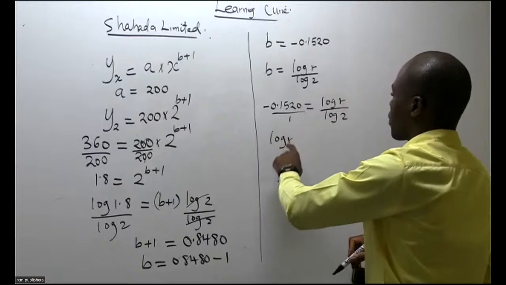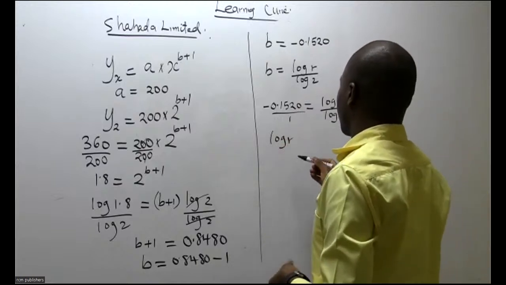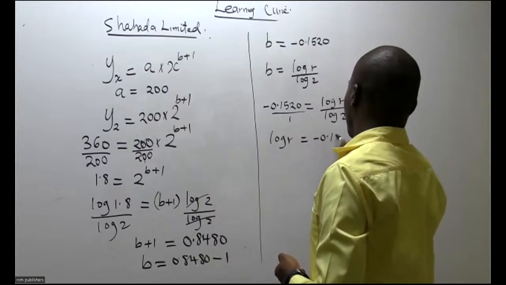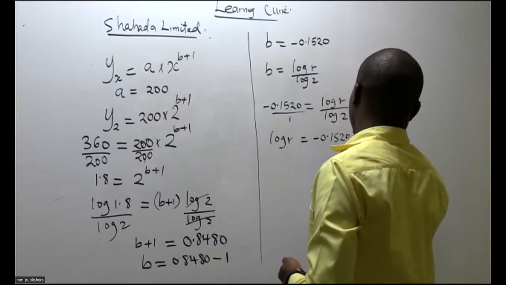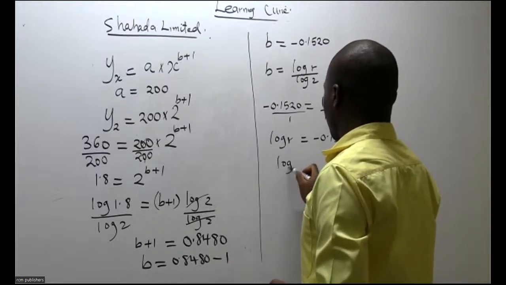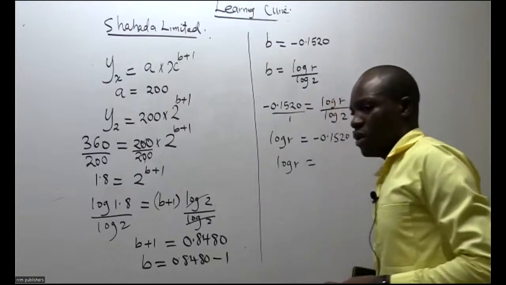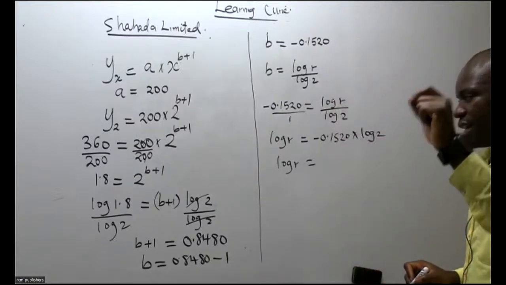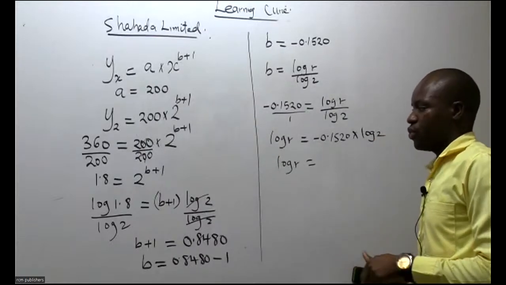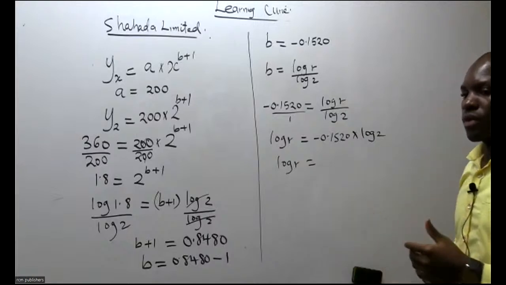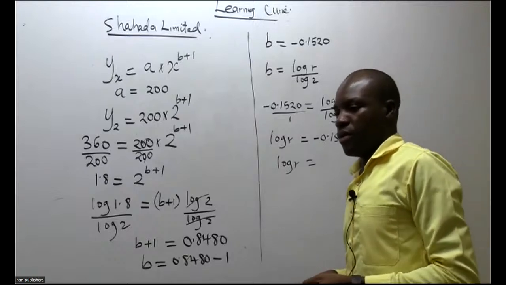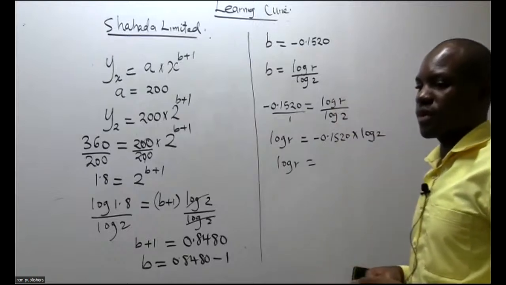Log R is equivalent to negative 0.1520 times log 2. So our log R will be equivalent to the answer times log 2. What will you have here? To at least 4 decimal places will be okay. What will we have?